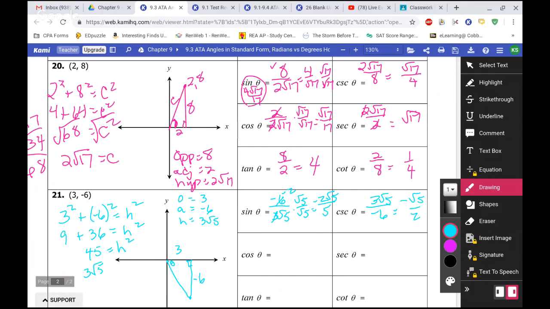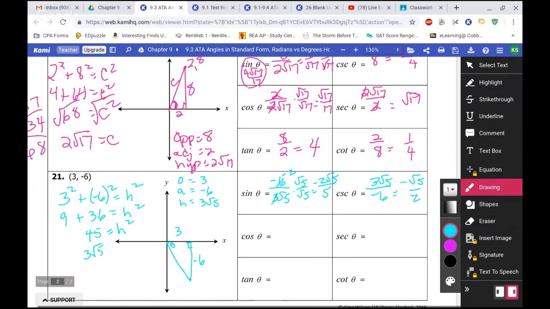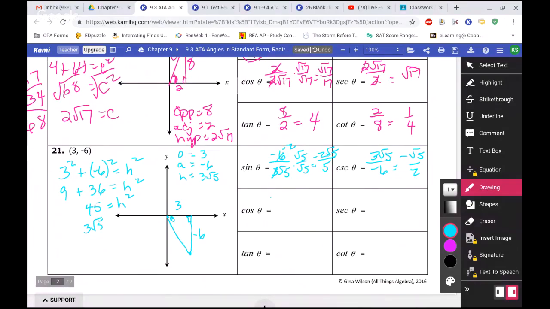Yes. Good job. So, why is it a negative root 5 over 2? Because it's negative 6 over here. You see that? This is negative right there. Yes, but why did the numerator become negative and the denominator become positive? Oh, it doesn't matter where you put it.